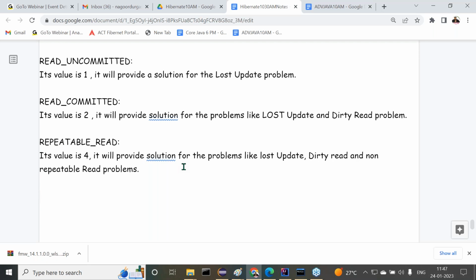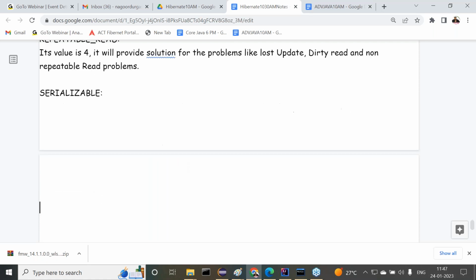Next another one is available: SERIALIZABLE. Its value is 8.